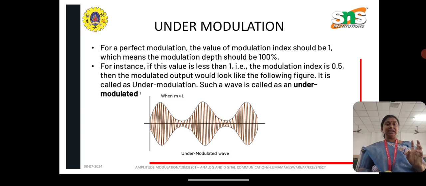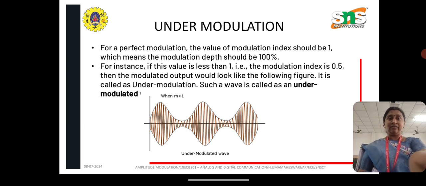If this value is less than 1, for instance the modulation index is 0.5, then the modulated output would look like the following figure. It is called under modulation. Such a wave is called an under modulated wave, where m is less than 1. Here the carrier wave is being suppressed when compared to the carrier wave.